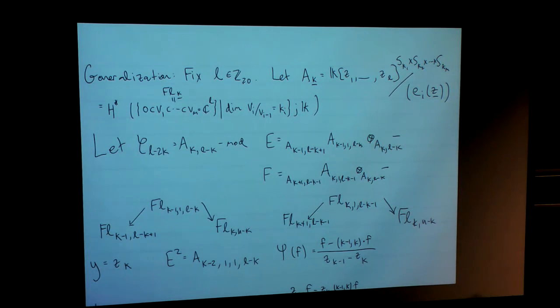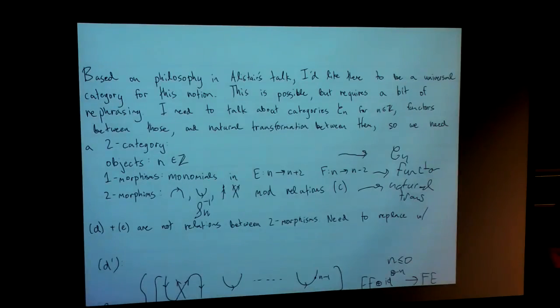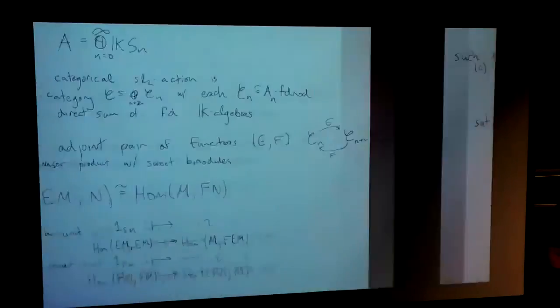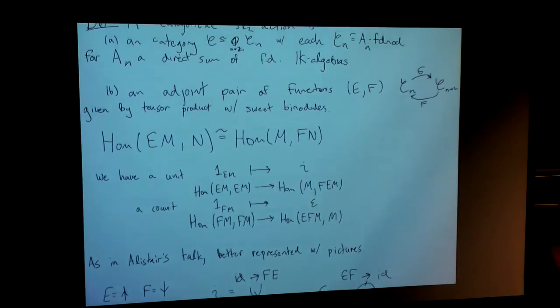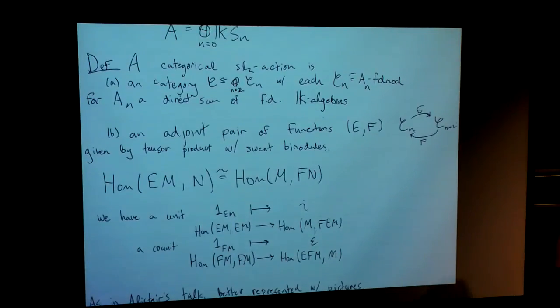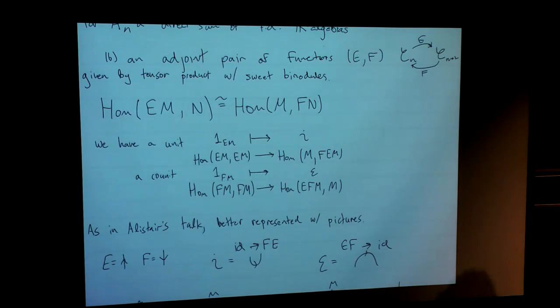There is a generalization where the important change is right here: instead of n, we say the weight lattice. Here, instead of just having one pair of functors, we have one pair for every simple root.